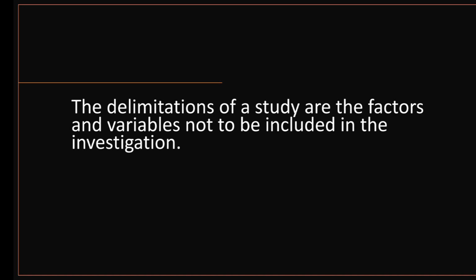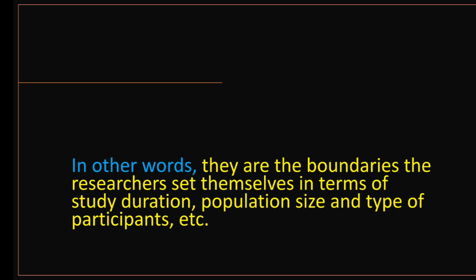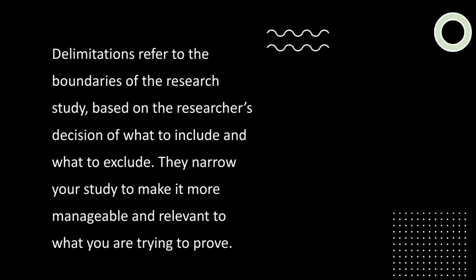The delimitations of a study are the factors and variables not to be included in the investigation. In other words, they are the boundaries the researcher sets themselves in terms of the study duration, population size, and the type of the participants, etc. Delimitations refer to the boundaries of the research study based on the researcher's decisions of what to include and what to exclude.